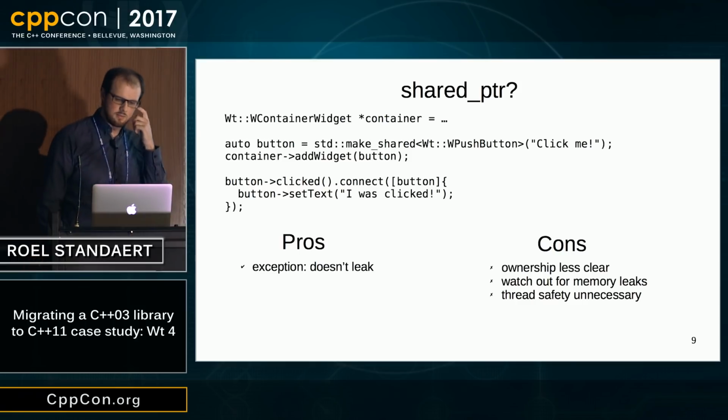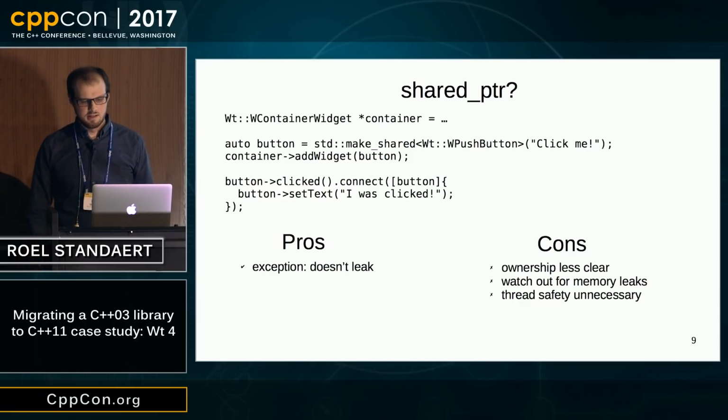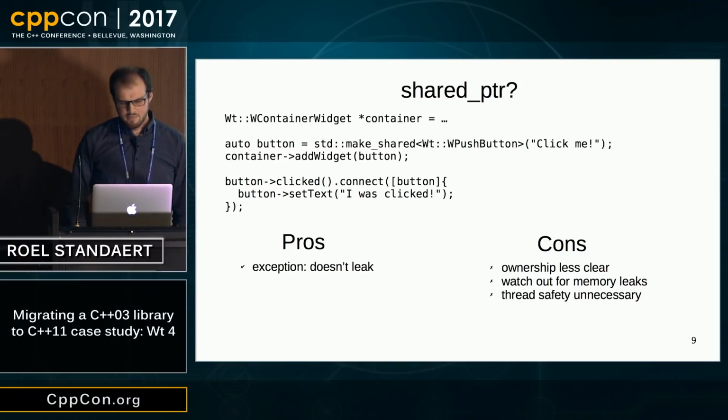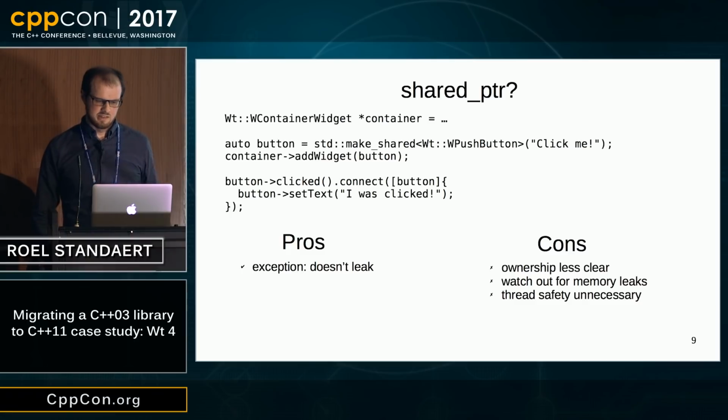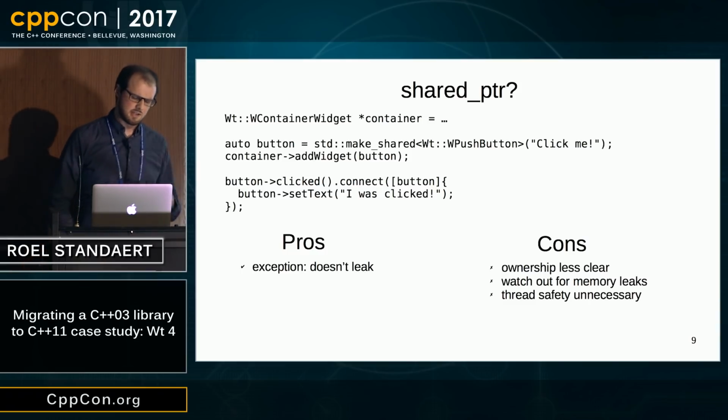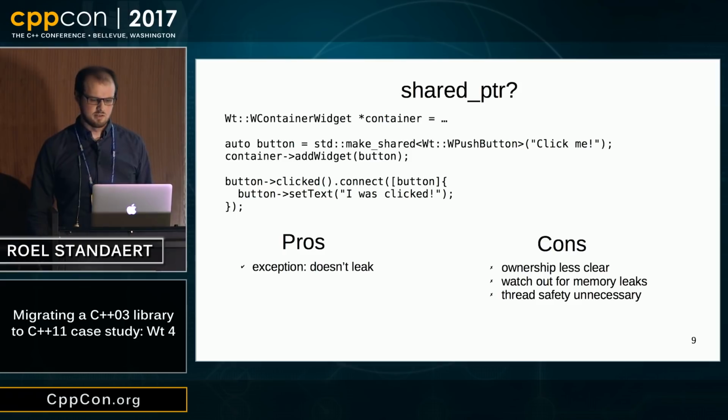One of the ways that could happen is if you define a lambda and then accidentally capture this shared pointer, then you would create a loop. And it's thread safe, but we don't actually need it to be thread safe, because in a Wt application, we only modify the widget tree in one thread at a time. It's an event-driven system that guarantees that.